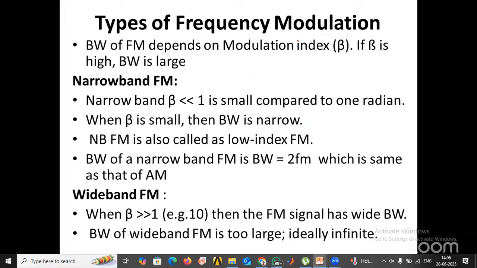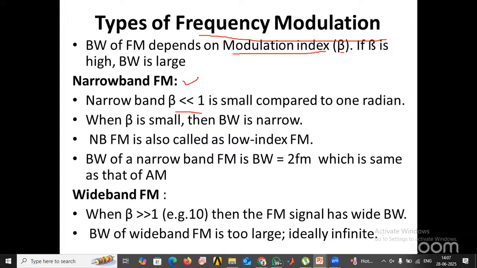Coming to the basic types of frequency modulation based on the modulation index beta. As I told you, the modulation index or percentage of modulation is the actual deviation divided by the maximum allowable deviation, and that is represented by beta. Based on beta, if beta is far less than 1, it is called narrowband FM.